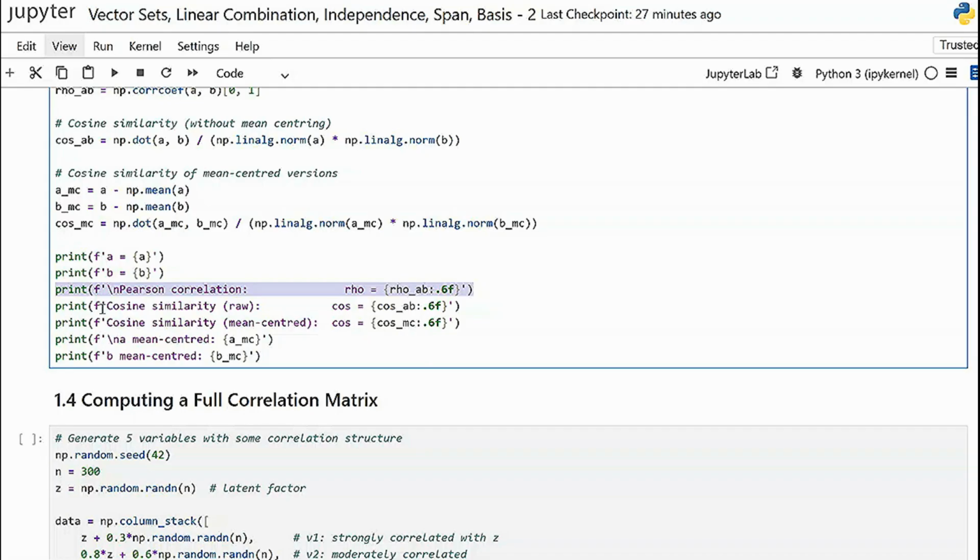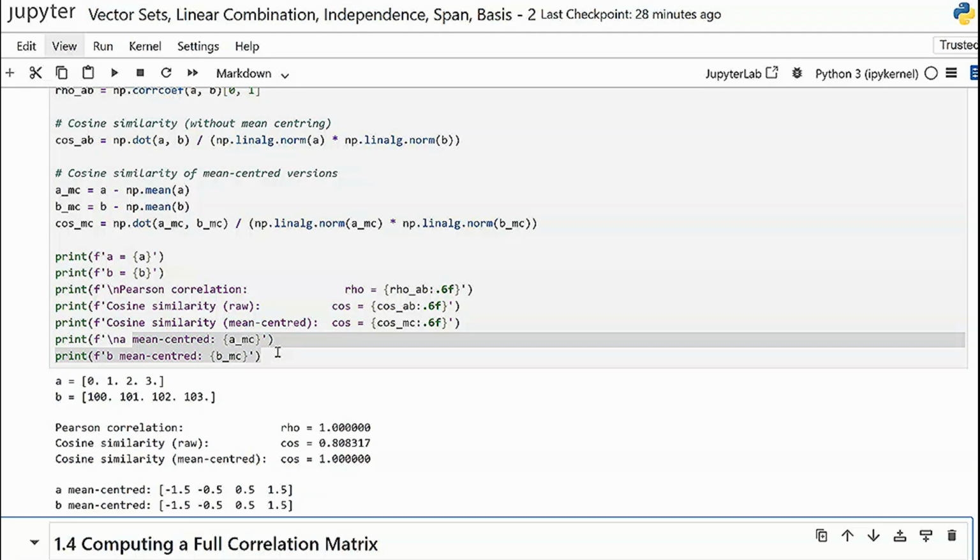And here we have the cosine similarity, that is without mean centering. And next we display the cosine similarity after mean centering, on the transformed vectors. So let me just have the output here.